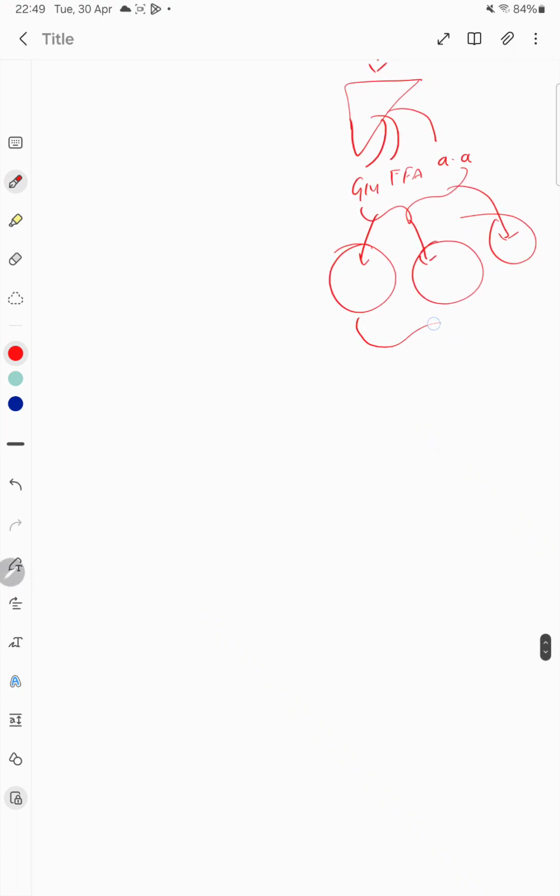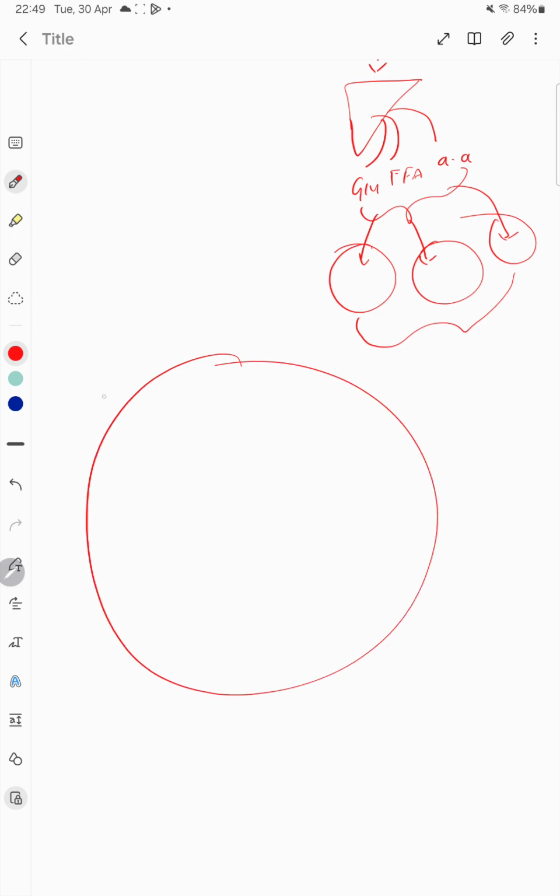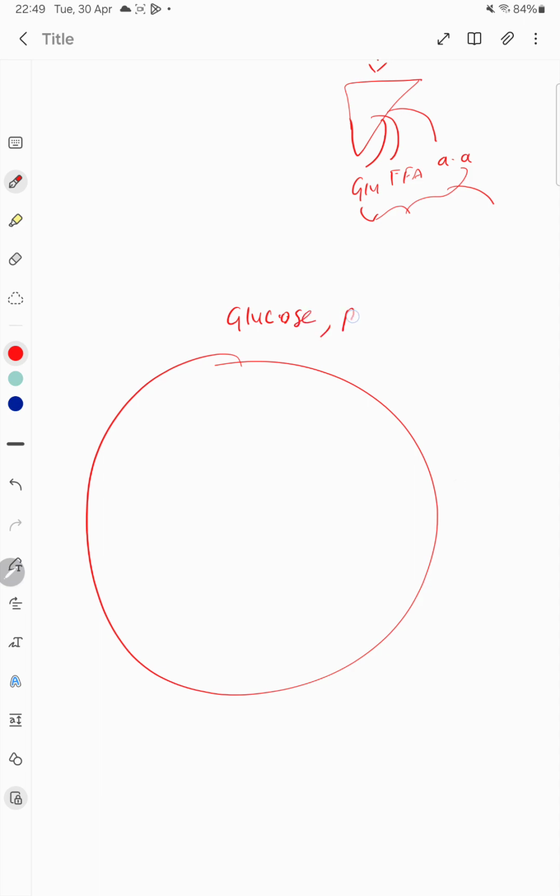For example, if I take one cell over here, let me zoom it out, the single cell, this is glucose, and this is protein, or you can say amino acids. Sorry, after digestion amino acids were produced, and this is fat. First the glucose enters.